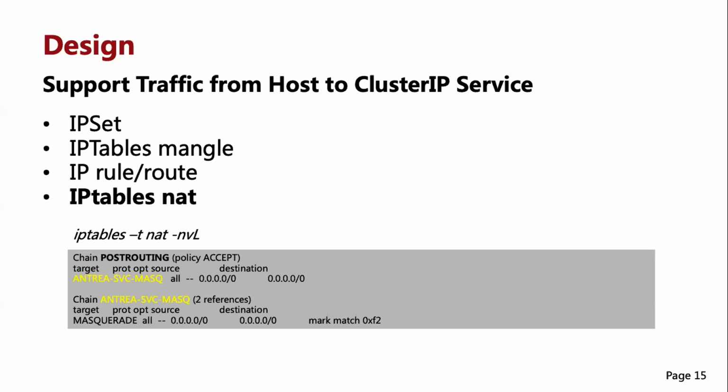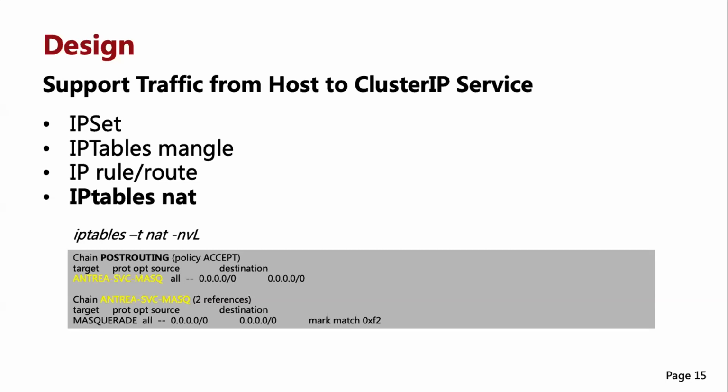Sorry, the hopping traffic is from pod. I mean the traffic from a pod to its service. This is from host to cluster IP, right? So the original IP is already the host IP, right?